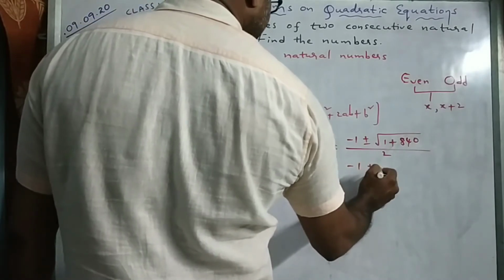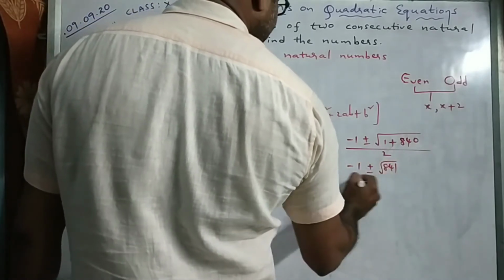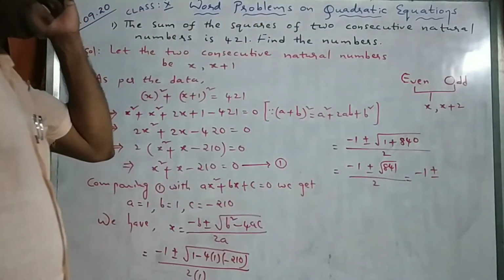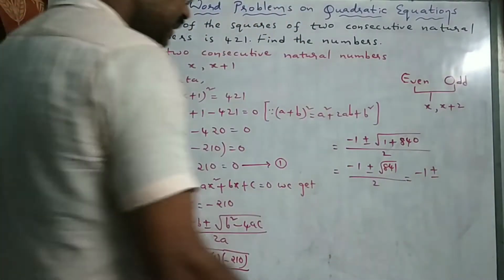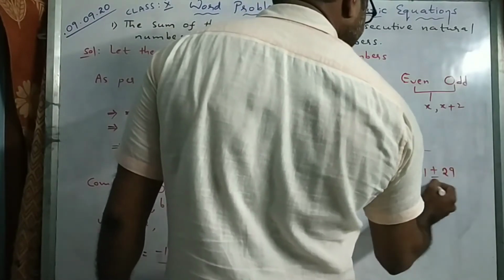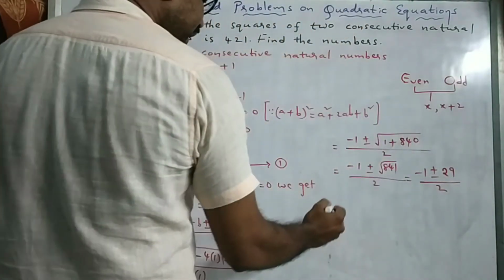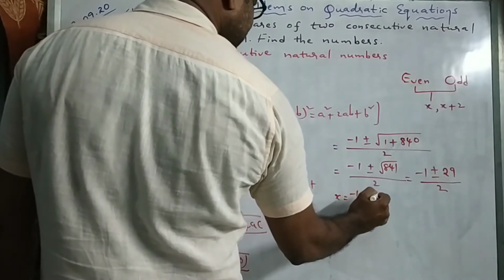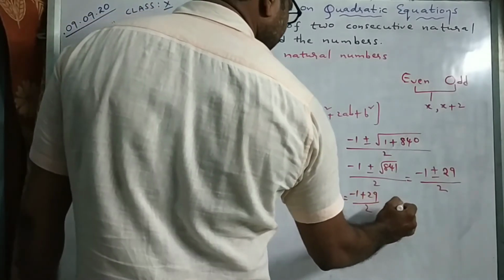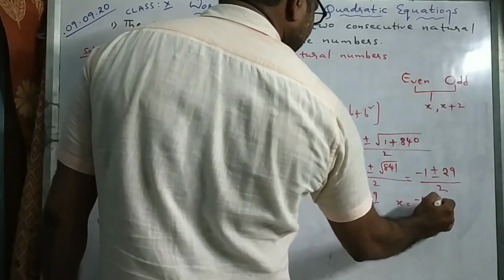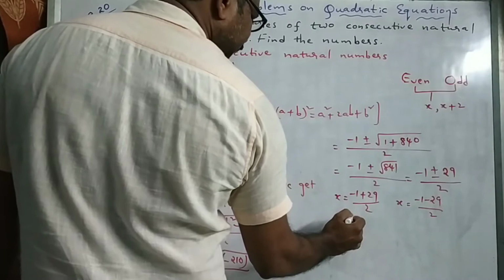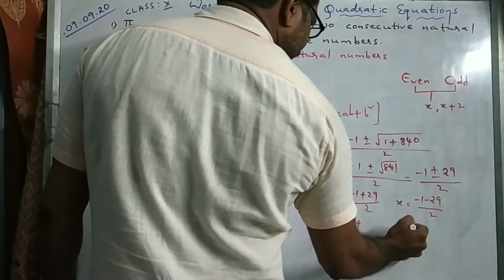Minus 1 plus or minus square root of 841 upon 2. You know what is the square root of 841? 29, correct? So x equal to minus 1 plus 29 by 2, minus 1 minus 29 by 2. So 28 by 2 means 14, and minus 15.